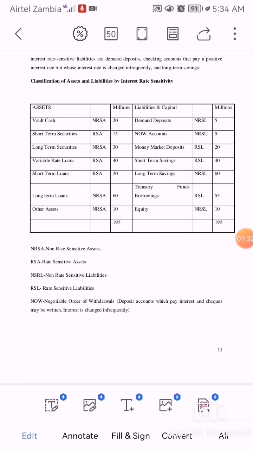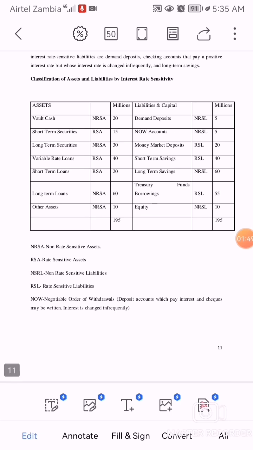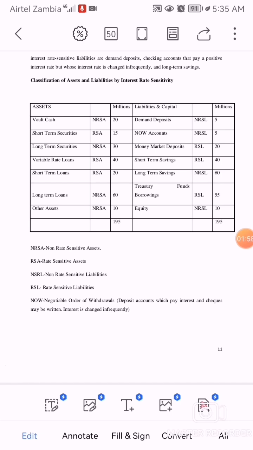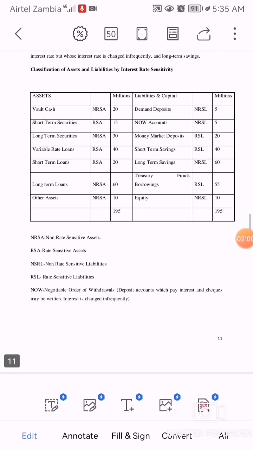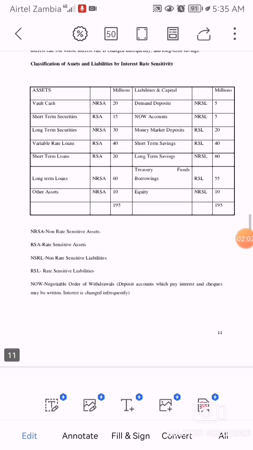RSA stands for rate sensitive asset, meaning the interest rate on the asset varies. In other words, it changes, it's not fixed, meaning that it's influenced by whatever factors we haven't specified here. Regardless, the interest that you make on the asset is influenced.